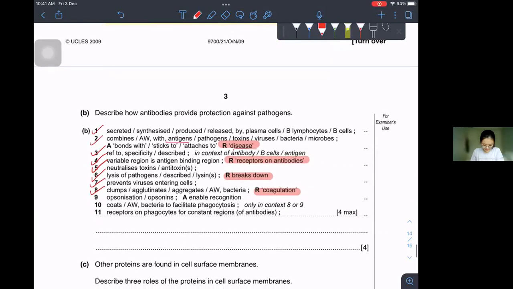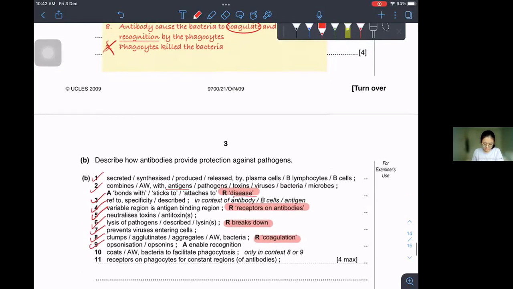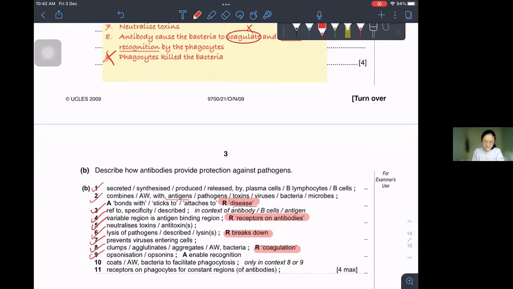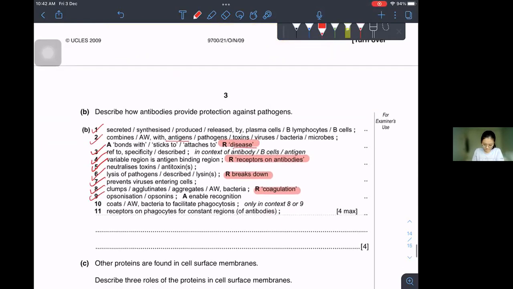And then for point number 9, you can say it's opsonization or enable recognition by the phagocytes so that they can phagocytose the bacteria. So a point saying phagocytes kill the bacteria is invalid. You actually need to specify how the phagocytes kill the bacteria, which is by phagocytosis. And for point number 10, you can say it coats the bacteria to facilitate the phagocytosis.